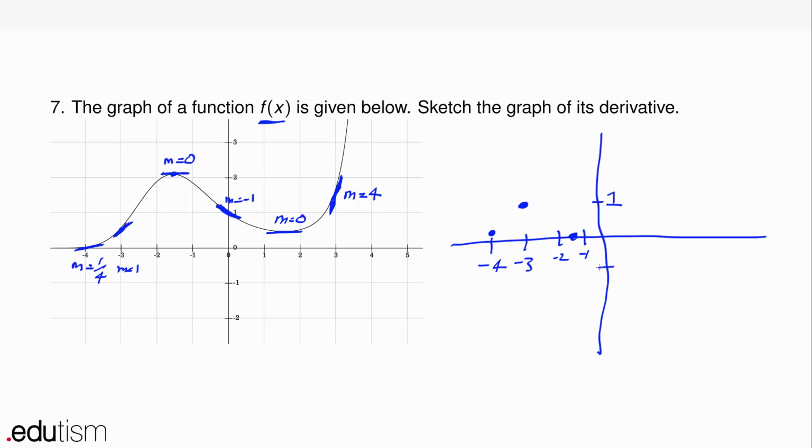At x equals 0, the slope is down at negative 1. At x equals 1.5, the slope's at 0 again. And by the time we get to x equals 3, the slope's way up here at 4. So the graph of the derivative is going to look something like this.